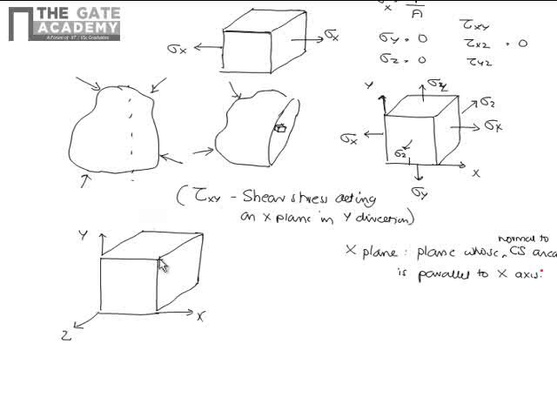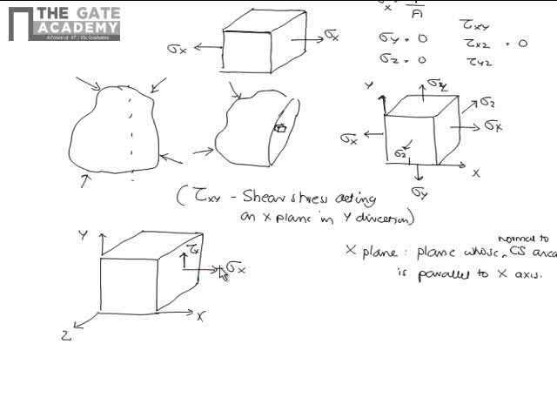So what about this plane here? In this plane, if I draw an outward normal like this, it will be acting in the x direction. So this is nothing but the x plane. And in the x plane, the normal stress acting is sigma x. And what is the shear stress acting? It will be tau x, and in which direction is this shear stress acting?